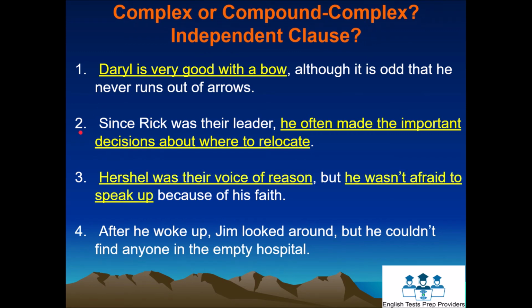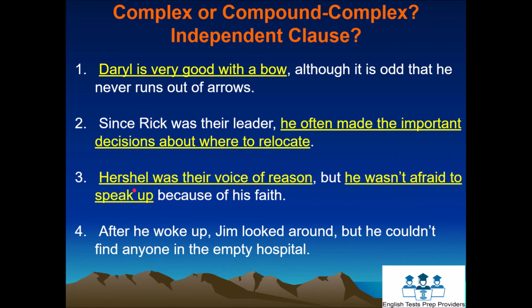Number 3. Herschel was their voice of reason, but he wasn't afraid to speak up because of his faith. So, we have two independent clauses: Herschel was their voice of reason, and the second independent clause is he wasn't afraid to speak up.